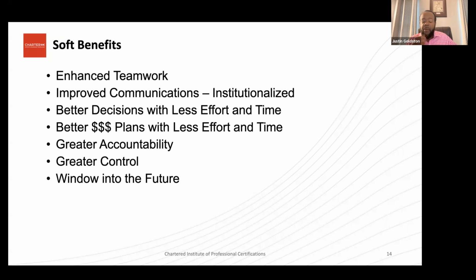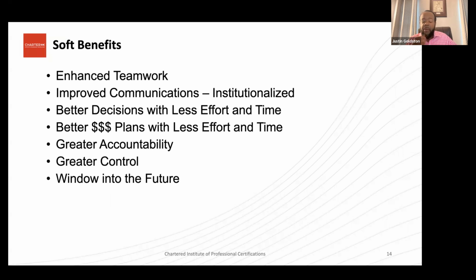And then given that we are having all of the department heads together and working together, we are providing greater accountability for each department, right? If the sales and marketing heads are providing these forecasts, and we're all on the same page, all collaborating within this sales and operations planning effort, then everyone's accountable.